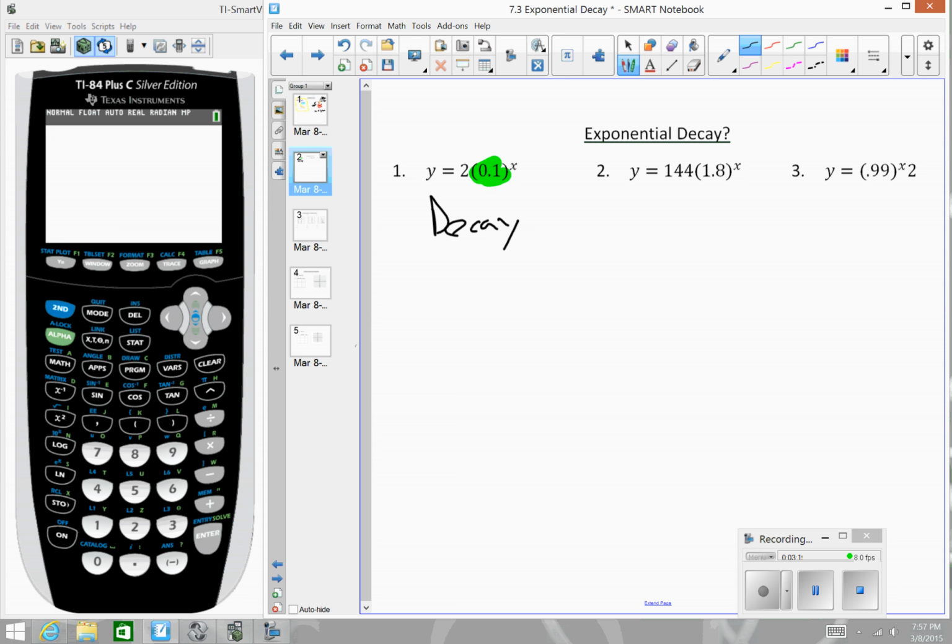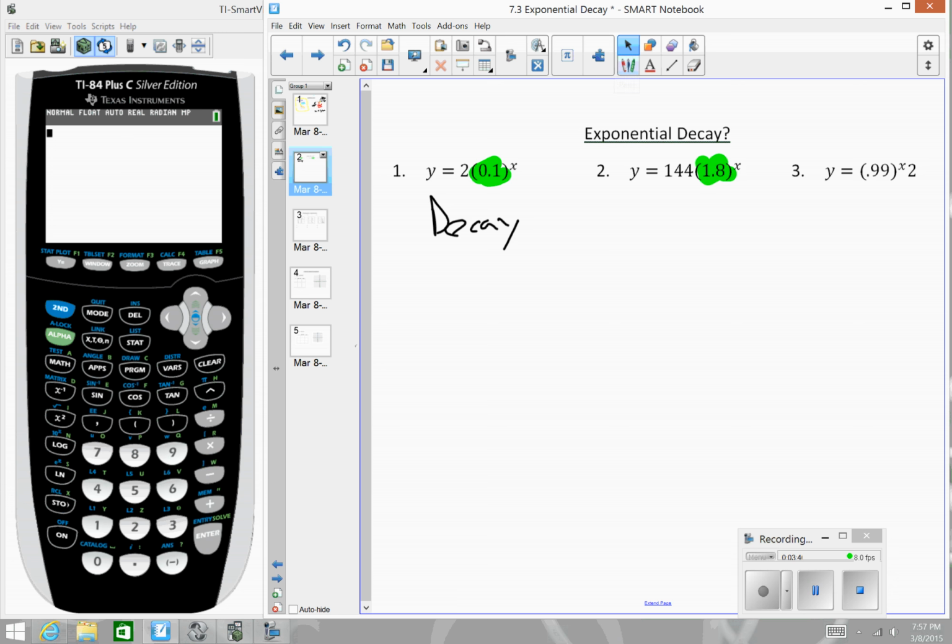Awesome, cool. Okay, now let's look at the next one. What is our B value here? B value is the number that's being raised to the x. In this case, it's 1.8, right? Now, is 1.8 above 1, or is it a number between 0 and 1? Think of it like money, like 1 is $1. Well, this would be $1.80, right?